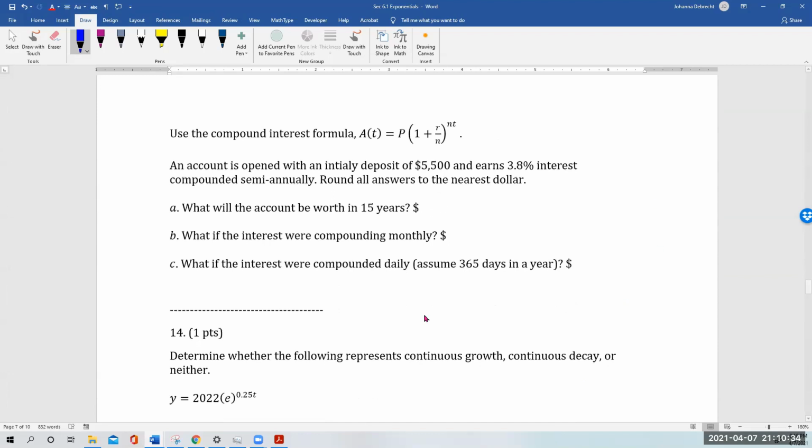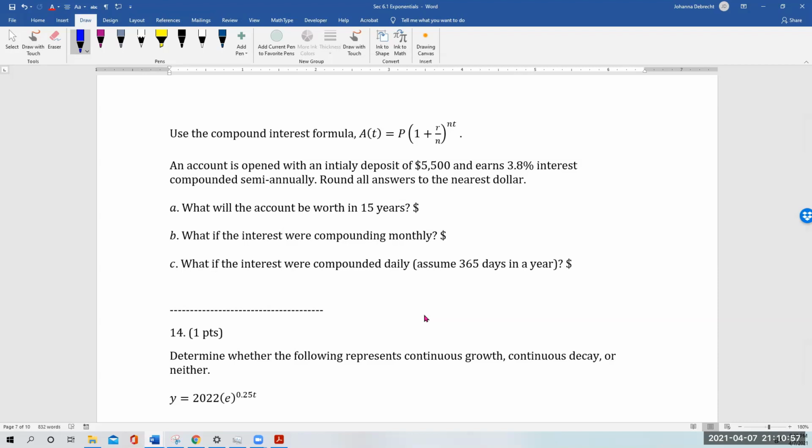Using the compound interest formula again, A of t equals P times 1 plus r over n to the nt, an account is opened with an initial deposit of $5,500 and earns 3.8% interest, compounded semi-annually. Round all answers to the nearest dollar.